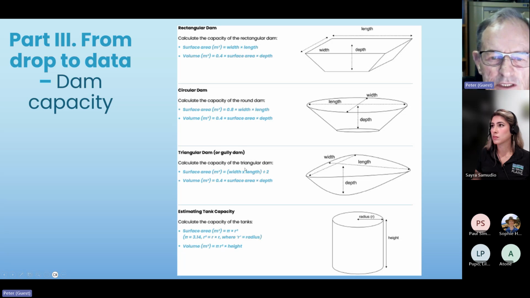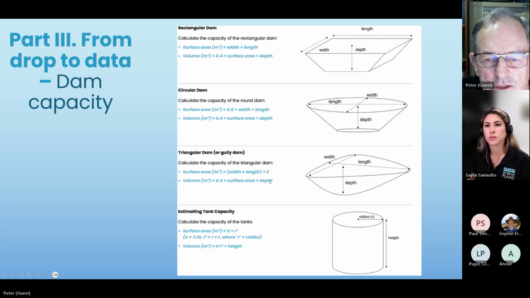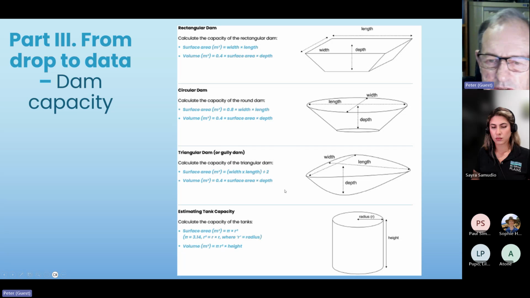So instead of just width times length as we would with the rectangular one, it's width times length divided by 2. Our surface area is half of what it would be if it was a rectangular dam with those dimensions. Then we get our volume the same way, surface area times depth times 0.4 for the slope or the batter.